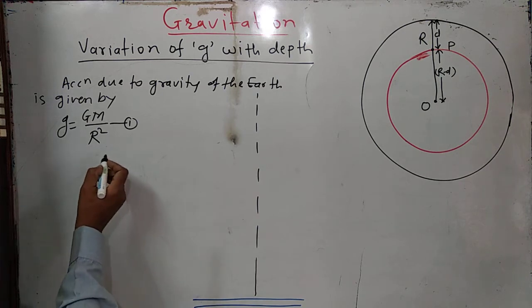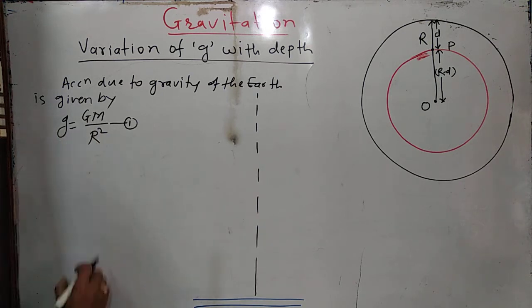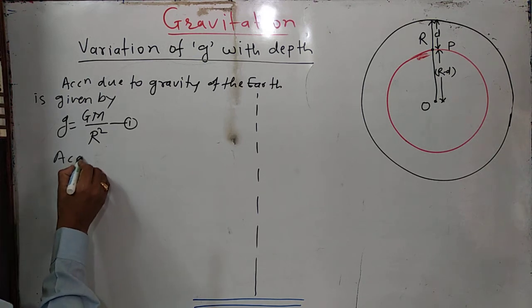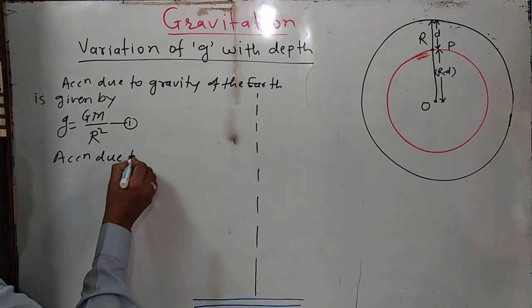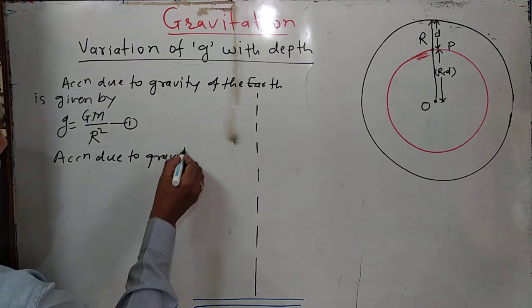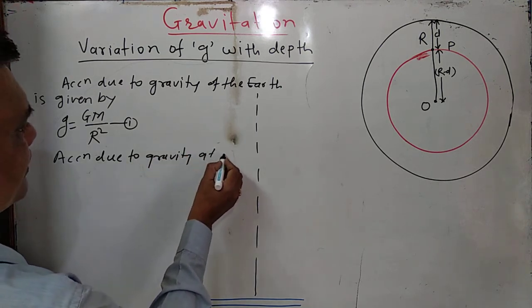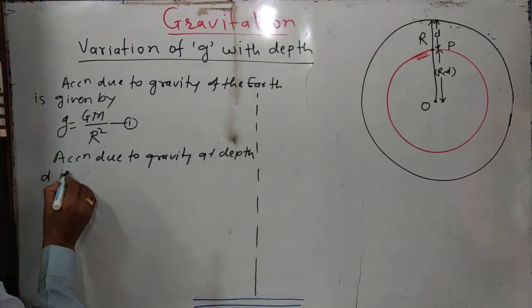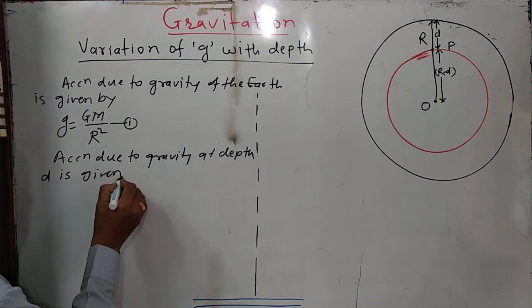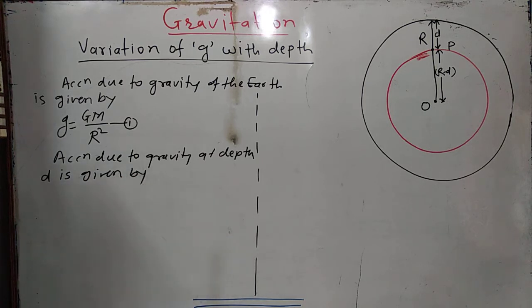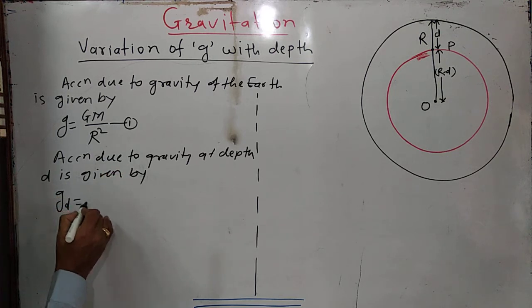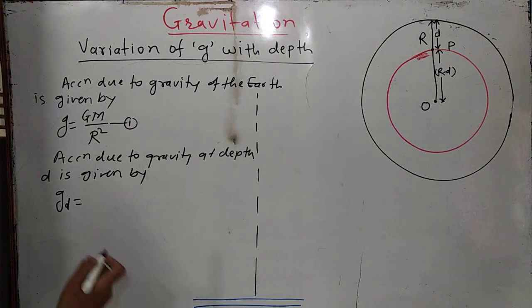Now the acceleration due to gravity at depth d is given by, we know very well, g_d is the acceleration due to gravity at depth d.